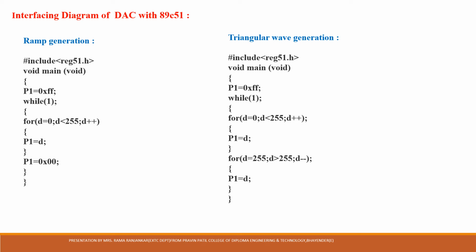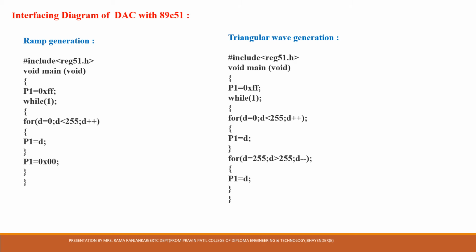Similarly another program is there, that is a triangular wave program. In the triangular wave program you have to increase the ramp slowly, again decrease the ramp slowly. So for increasing the ramp slowly in upward direction we write the instruction D is equal to 0, D is less than 255, D plus plus, and that value is going to display to the port P1.